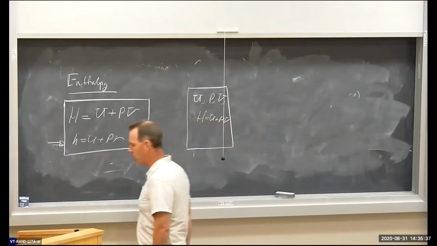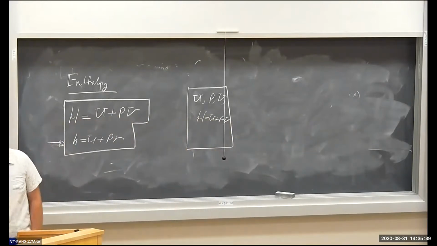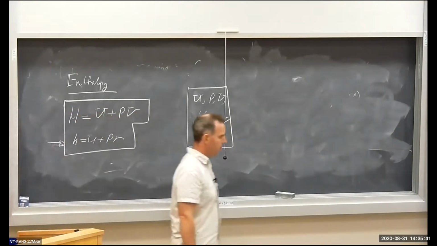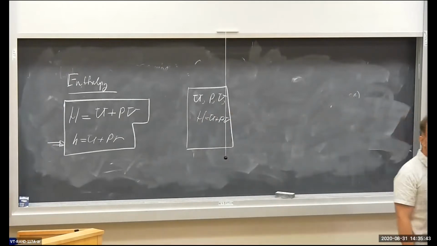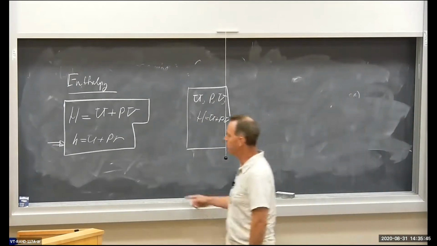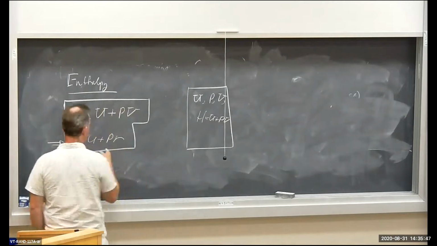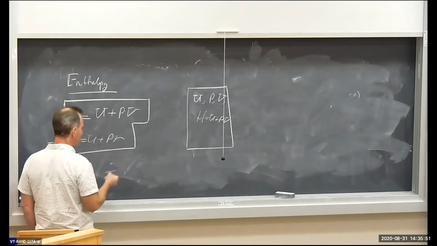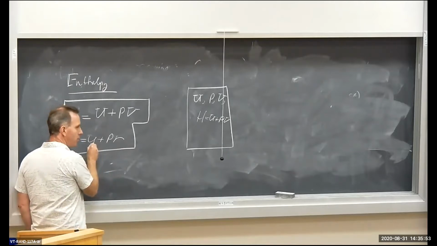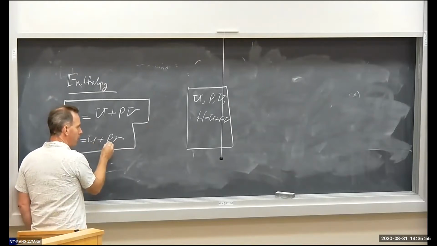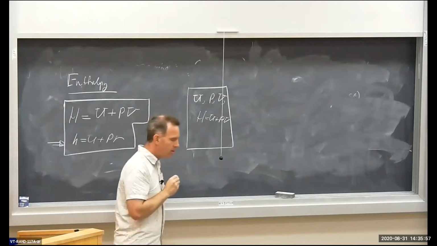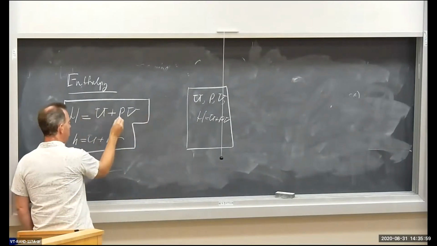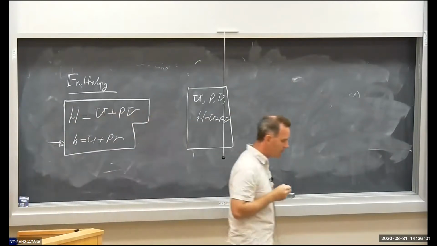The motivation here is you're going to see this quantity, H, in a lot of places. You're going to see U plus PV in a lot of places in this class. So thermodynamicists notice that internal energy is a property of the system. Pressure and volume are properties of the system.